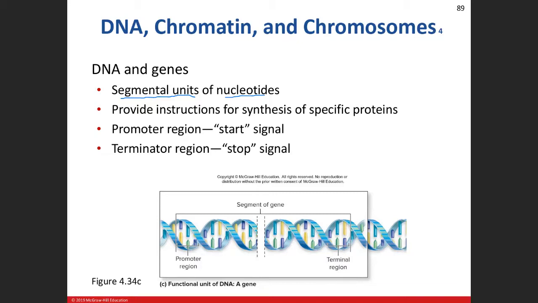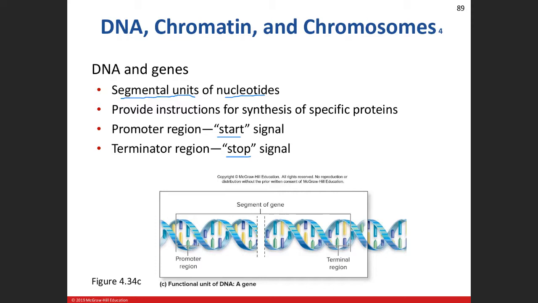When we have to make these proteins, we need to know when to start the production of it and when to end it. So these DNA molecules will contain what we call a promoter region, which is the start signal. And they'll also contain, obviously, when it's time to stop making that protein, which is our stop signal. Now, if you were to take a genetics course, you will definitely talk more about this, but we're not going to in our course. We've got other stuff we've got to talk about.